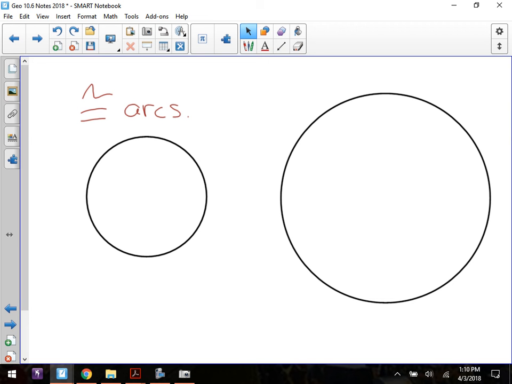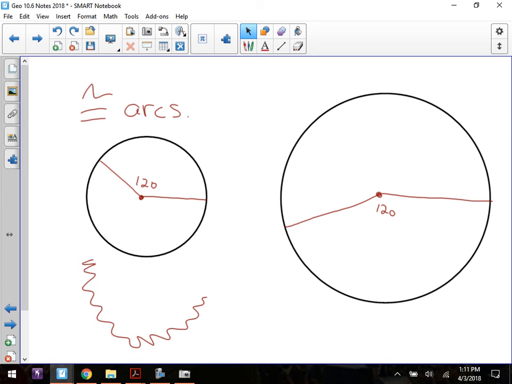Do you also agree that if I place this as a center, say that this is 120, center, say that this is 120, are those two angles congruent? Yeah. Since those two central angles are congruent, what is this arc here going to measure? What is this arc going to measure? 120. Okay. What does this one measure?